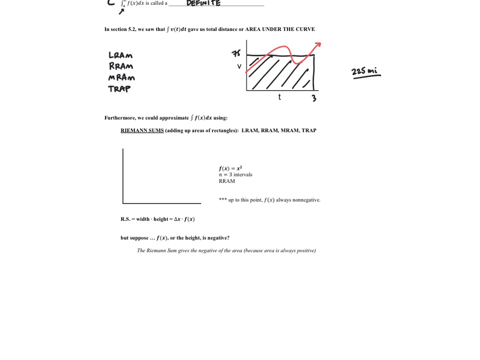Now in this case, I'm going to do an RRAM on x squared on 3 subintervals, it looks like. And let's just go out to 3, 2, and 1. So I'm going to do a quick RRAM. I'm going to find the right endpoint of each of those 3 intervals.